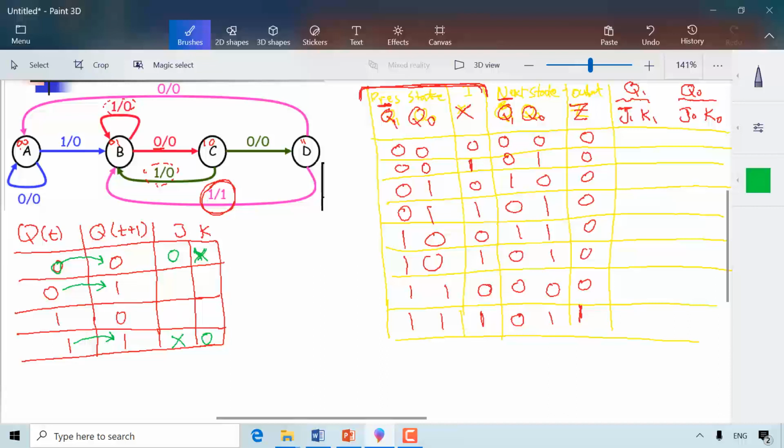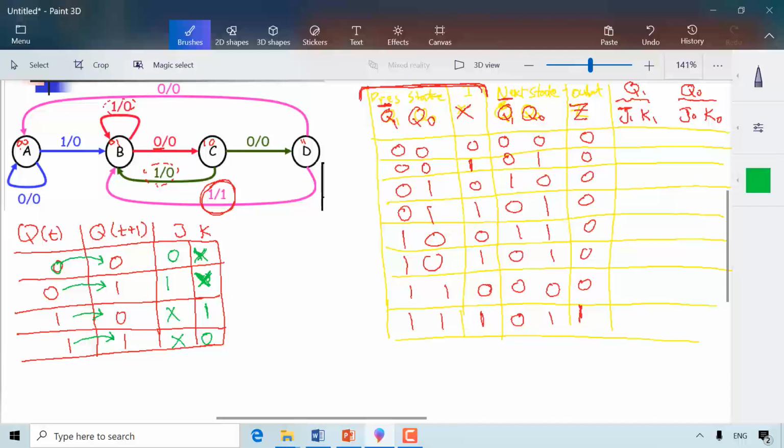I can achieve this by either 1 0 or 1 1, so this is really a 1 and a don't care, because I'm setting the flip-flop. How about from 1 to 0? I can achieve this by 0 1 or 1 1, so a don't care and a 1.